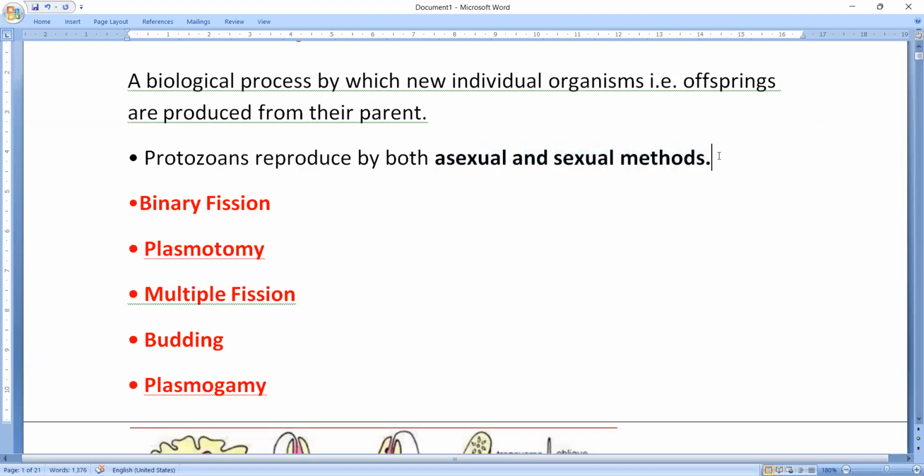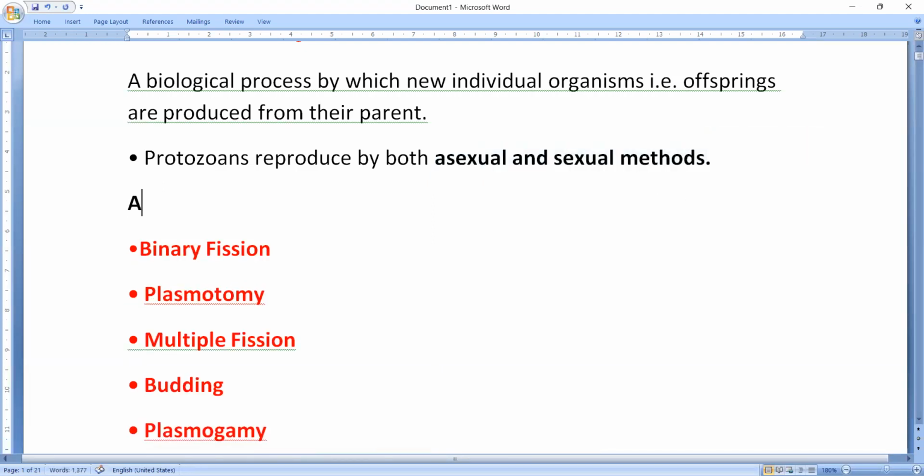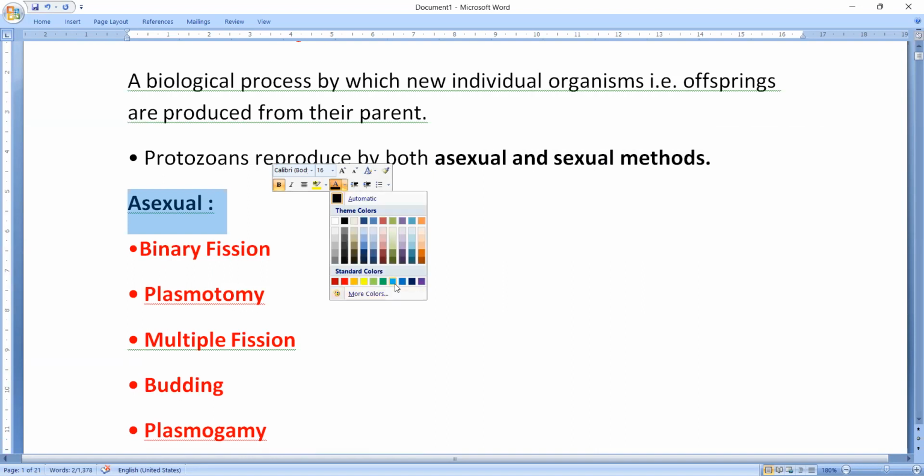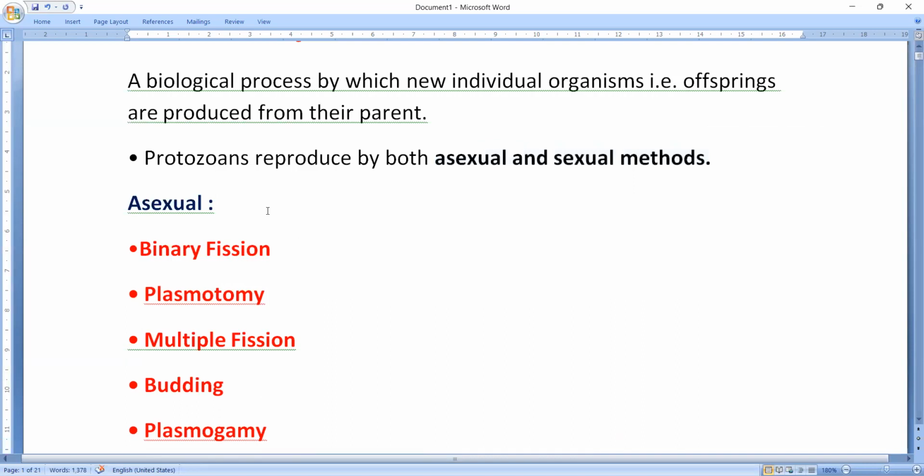Okay, so first one is asexual reproduction. So what is asexual reproduction? Asexual reproduction is a kind of reproduction in which there is no formation of gametes and their fusion.